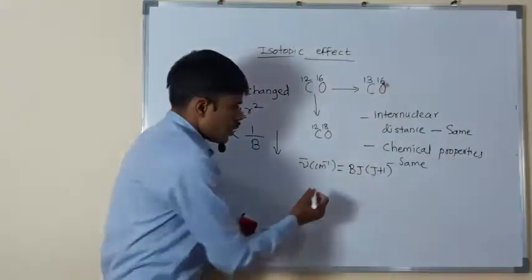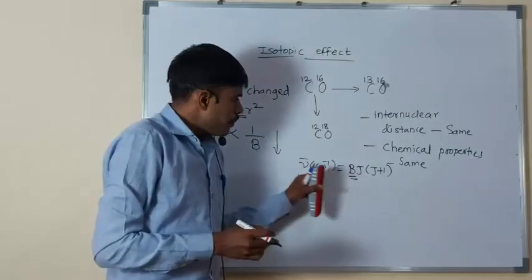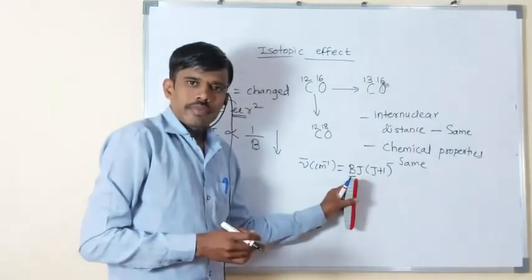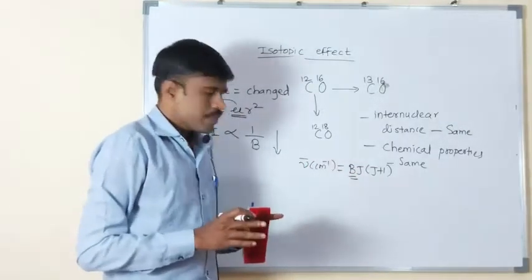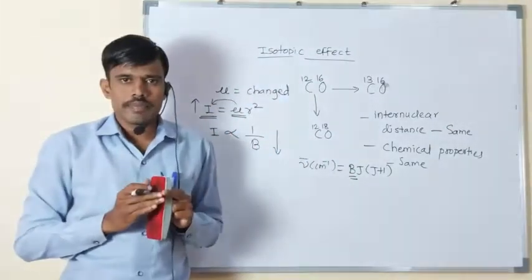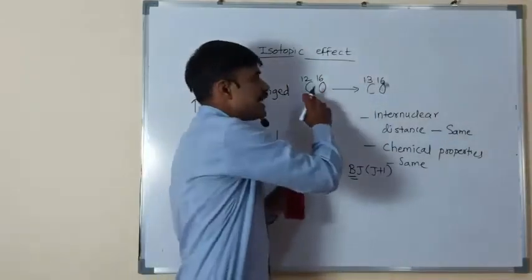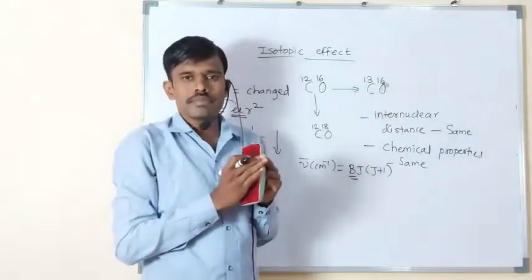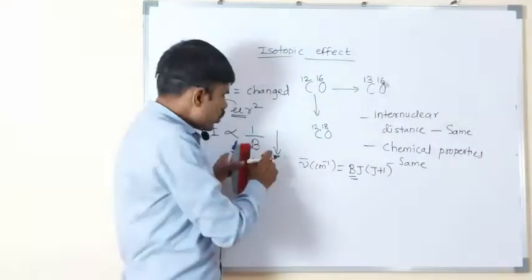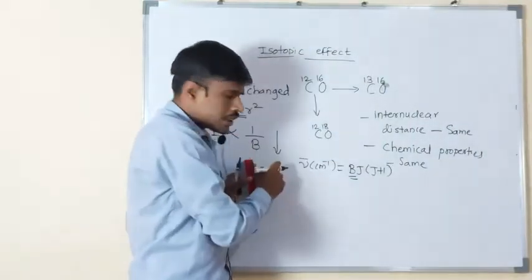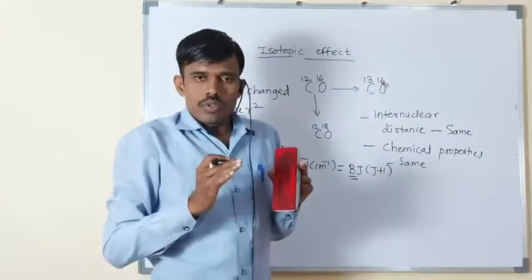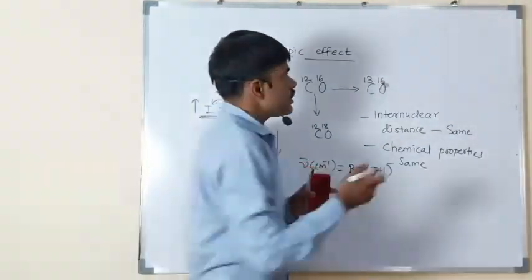That means this frequency is directly proportional to B, which indicates that as B decreases, frequency decreases. So due to replacement of atom with the heavier atom, B values decrease, and due to decreasing the B values or rotational constant values, the frequency of spectral line also decreases.